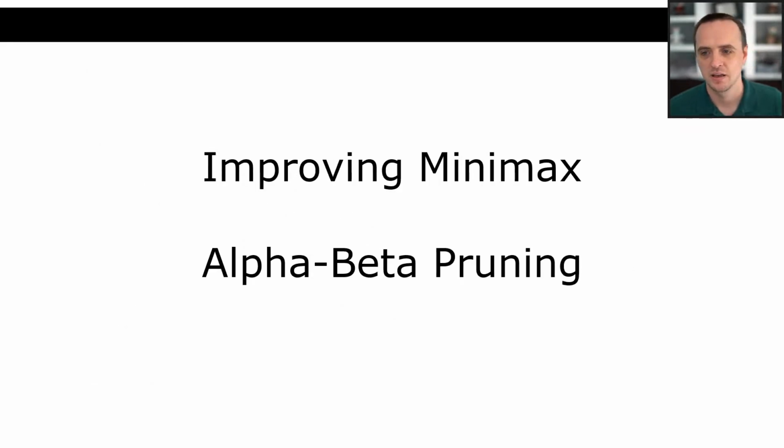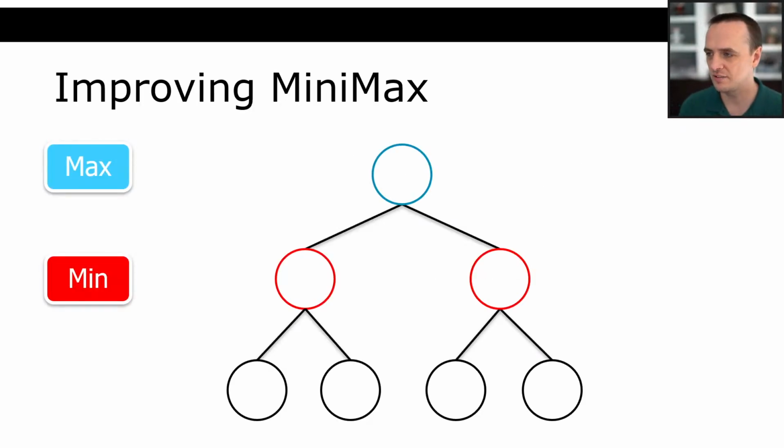However, can we improve MiniMax? MiniMax is already a great algorithm. Can we do better? And the answer is a resounding, oh yeah, we can do better. And it's really cool. Let's look at this example, okay? Here we had this example before. We have a maximizing player, we have a minimizing player, and then we hit the evaluation node.